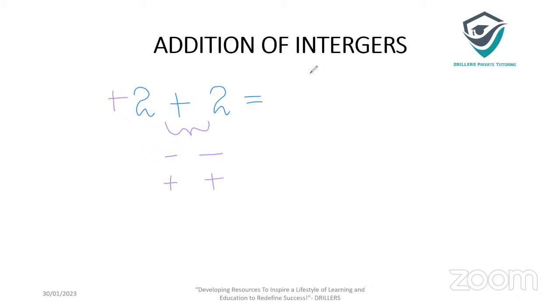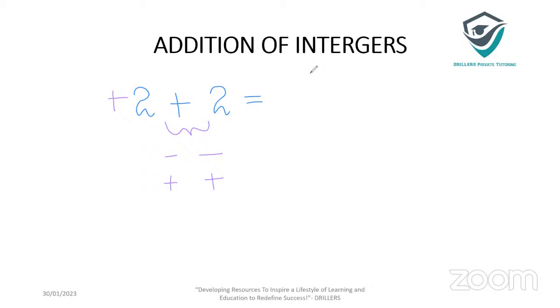Remember, if we go back to the rules of adding and subtracting integers, they said same sign, we add and keep the sign. So I can say that that addition there is either 2 negative signs or 2 positive signs.